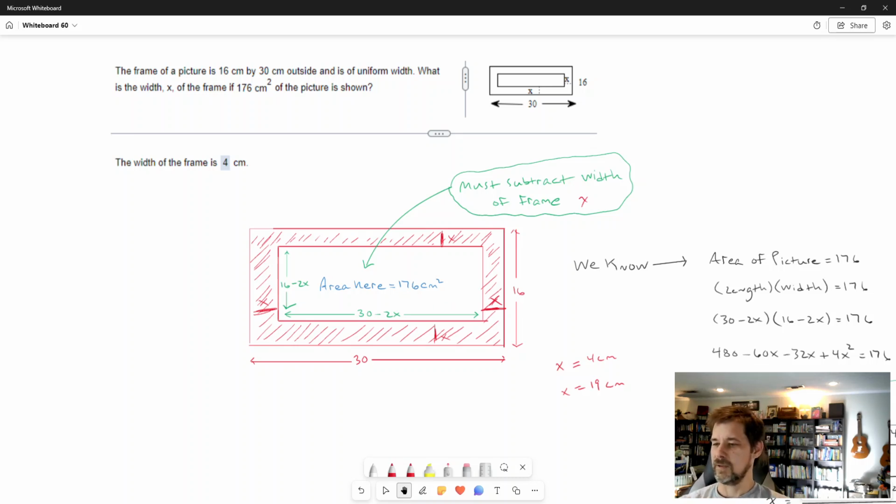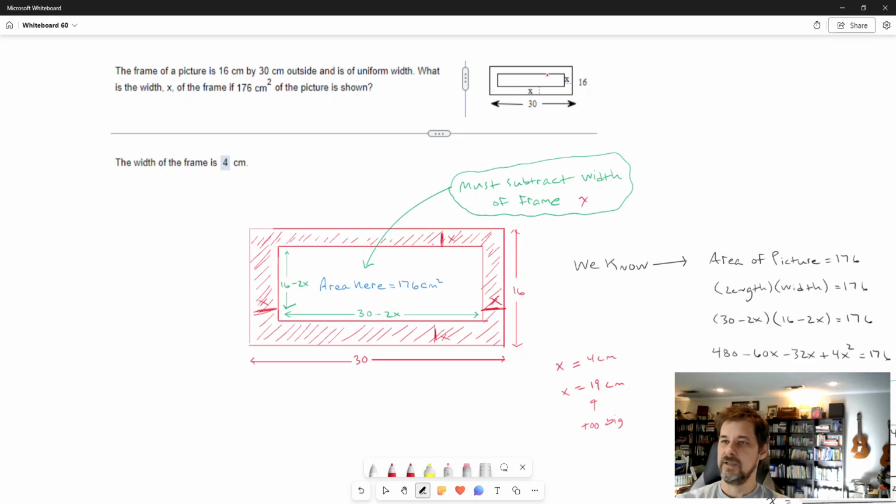And that wouldn't work. That wouldn't be possible. You know, maybe this is an answer to that equation. It is. If you plug this number into that equation, it will work. But that doesn't mean it's realistic in this geometric situation. Okay? So it's just too big.